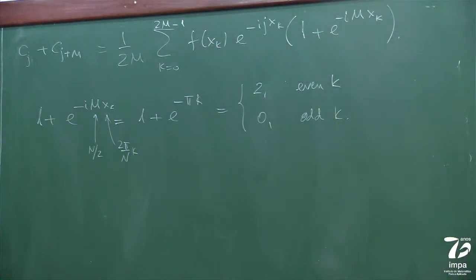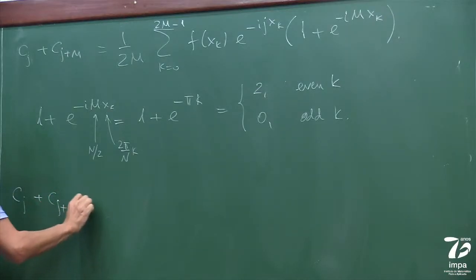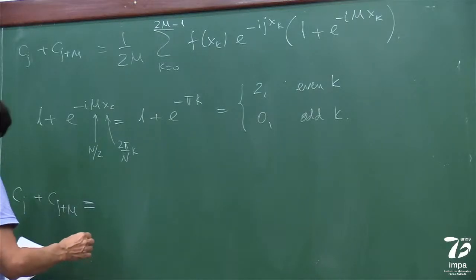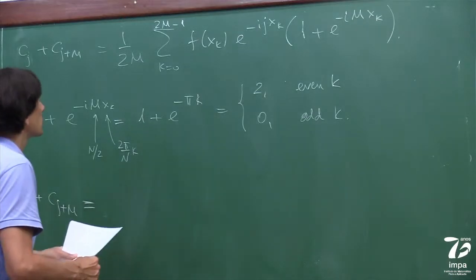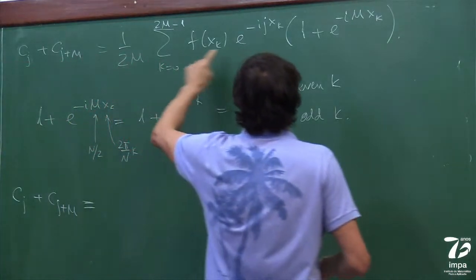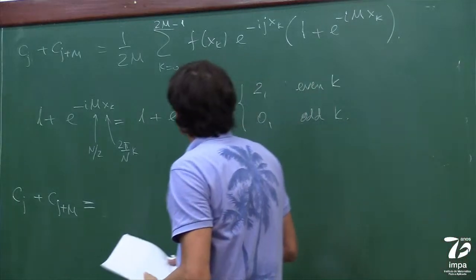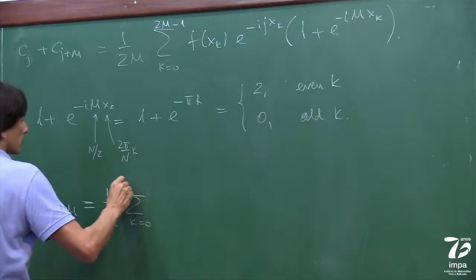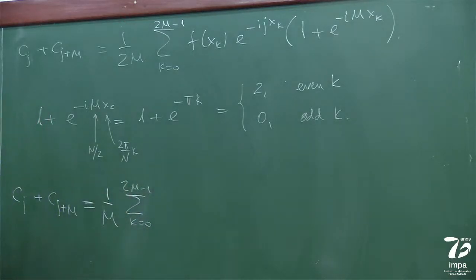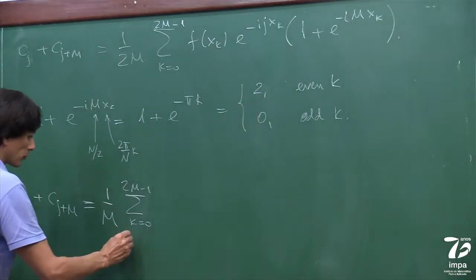So now what you can do is use this property. I will not keep the 2 because it will cancel with the 2 from here. So 1 over m, the sum from 1 to m. And then only even k are important, right?